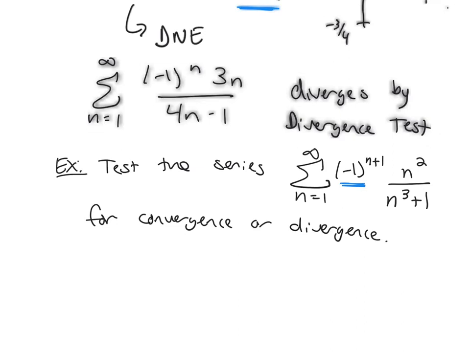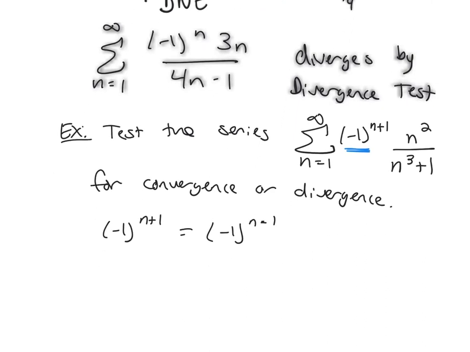So what I just said is, maybe I'll write that part here. Negative 1 to the n plus 1, that's really the same thing as negative 1 to the n minus 1. How is it the same? I can show you. Look at which one has the higher power. N plus 1 is bigger than n minus 1, so I'm going to pull off 2 more: negative 1 squared, negative 1 to the n minus 1.